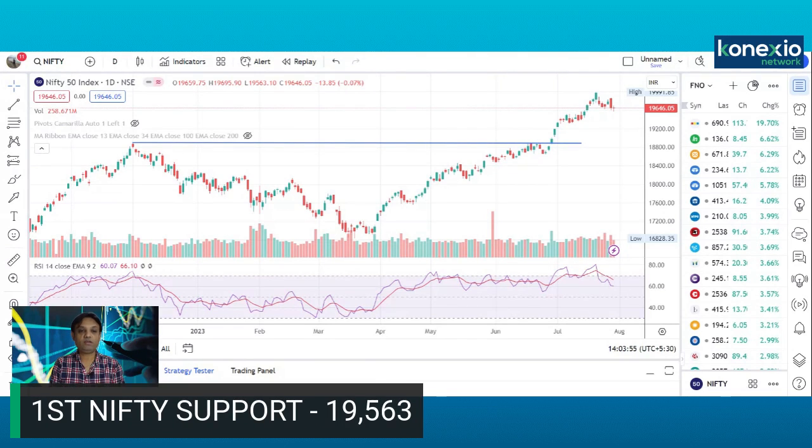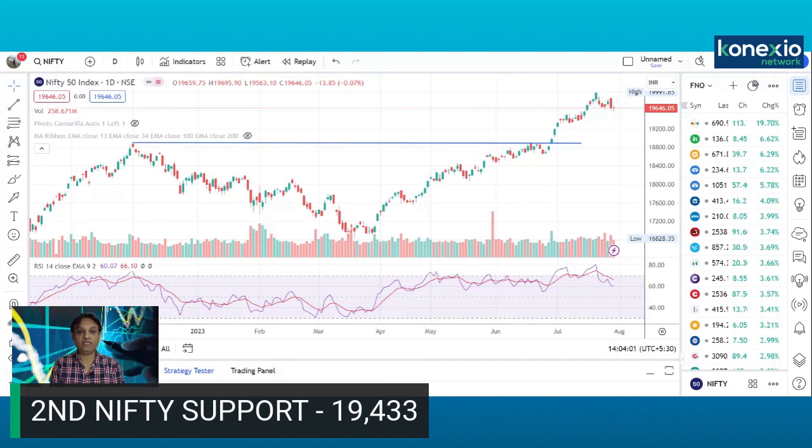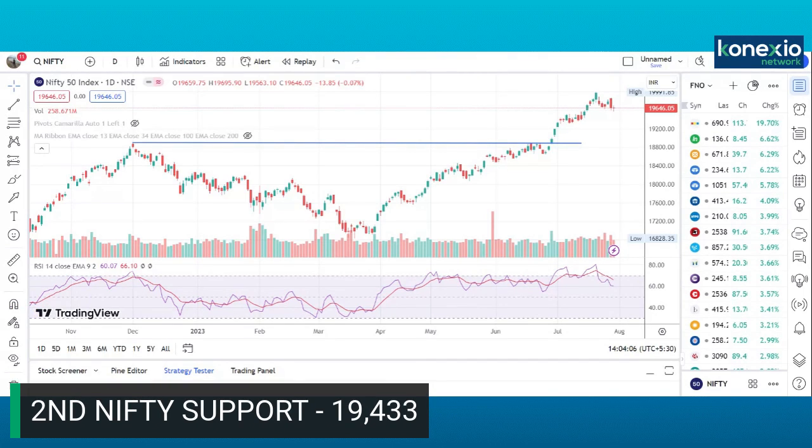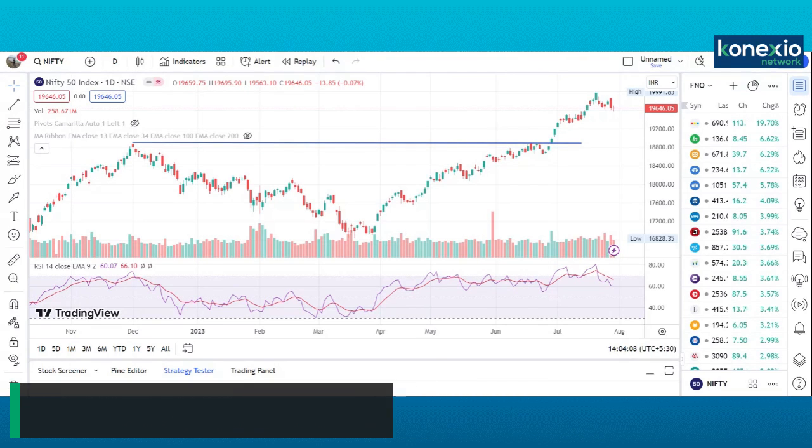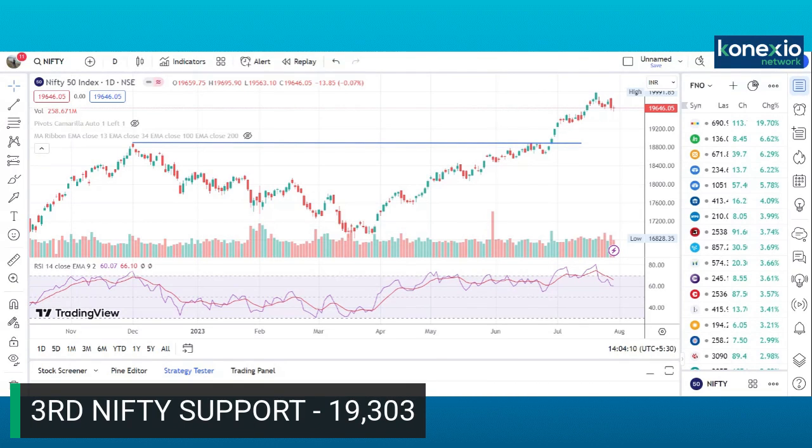Below that, the second support is placed at 19,433. And below that, the third support for the next week is placed at 19,303. These are the crucial supports for Nifty for the next week.